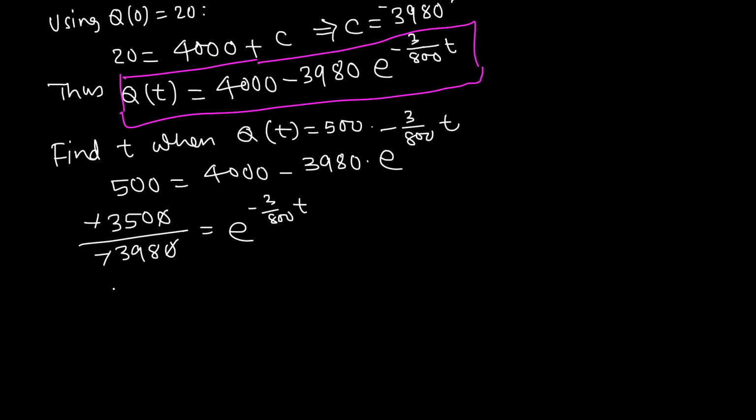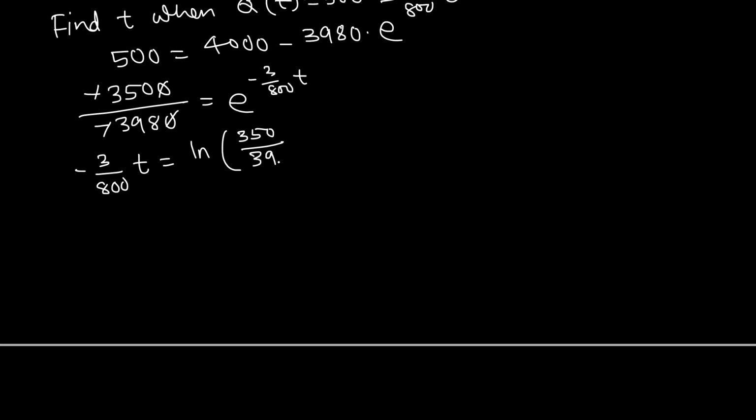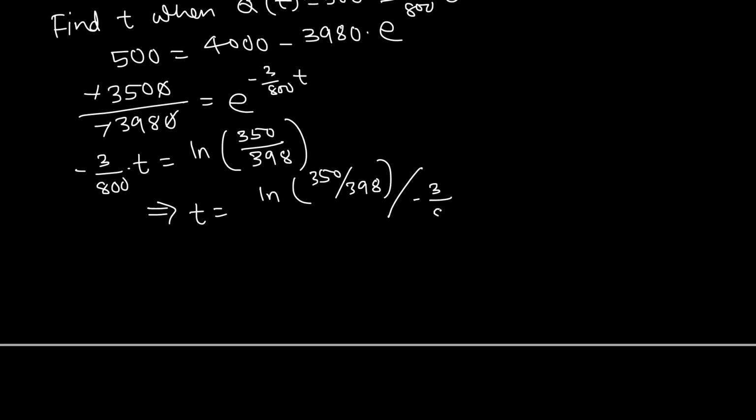So we have negative 3/800 t equals natural log of 3500 over 3980. Then t equals the natural log of that number, all divided by negative 3/800.